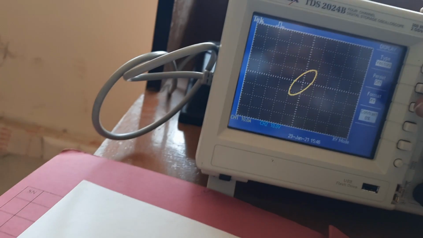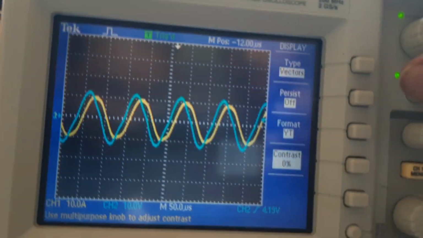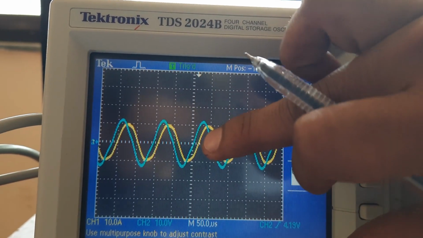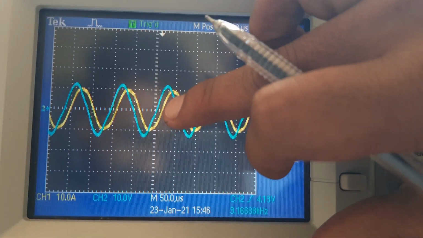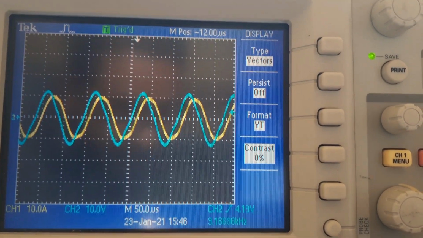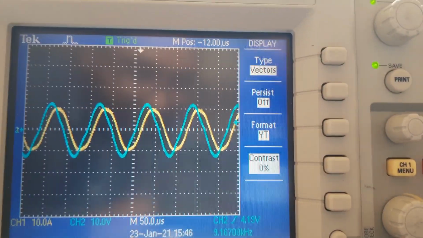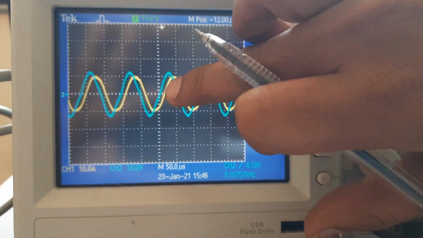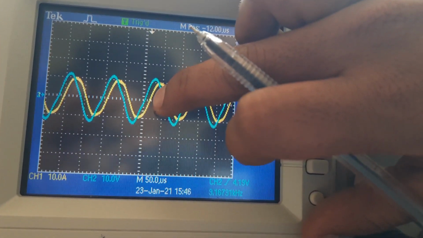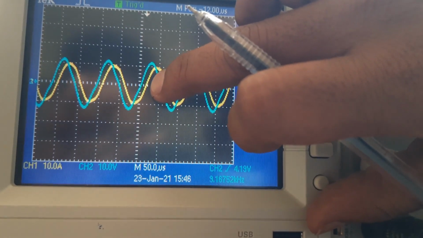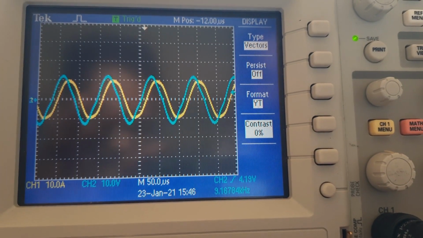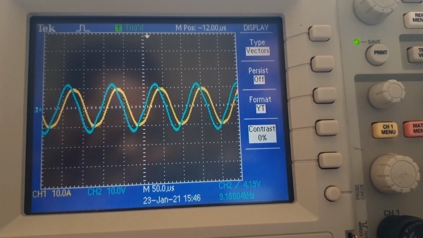Here also you can see on YT format that we have around 41 or up to 45 degrees of phase shift. Here this blue line is coming at point 0, and after that you have two divisions. So you can calculate in this manner also, or by observing your Lissajous patterns you can calculate your phase difference using the formula.